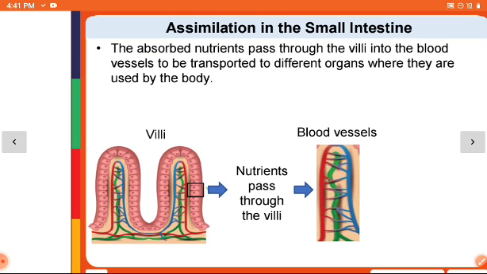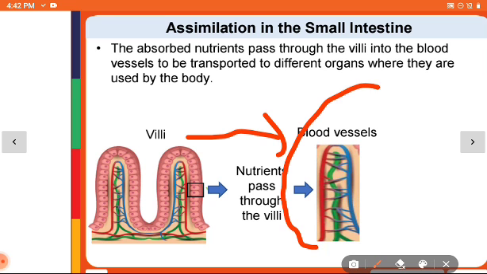So assimilation in the small intestine. The absorbed nutrients pass through the villi into the blood vessels to be transported to the different organs where they are used by the body. So that is a diagram which shows nutrients passing through the villi into a blood vessel.